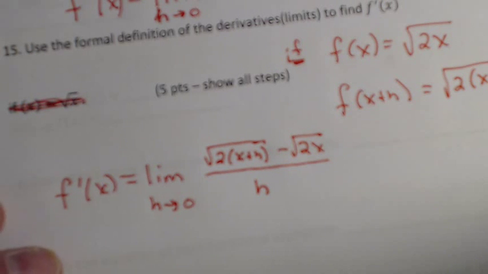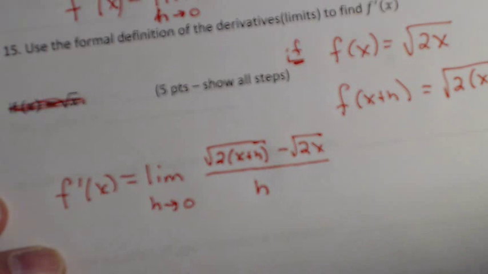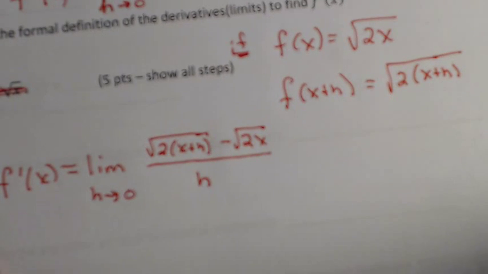Or since we actually know now how to take this by the shortcut rules, you could behind the scenes use the shortcut to check it out, but no credit would be given for the shortcut because that's not what this problem is about. Okay, now whenever you have a square root minus situation, you multiply by that square root plus. Or for the square root plus, you multiply by the square root minus. We're multiplying by what we call the conjugate in this case.